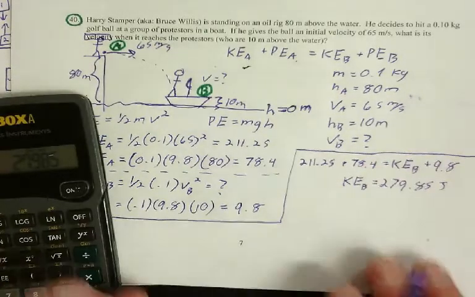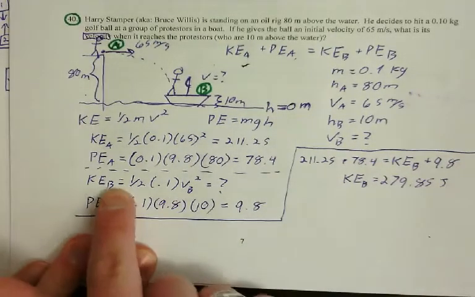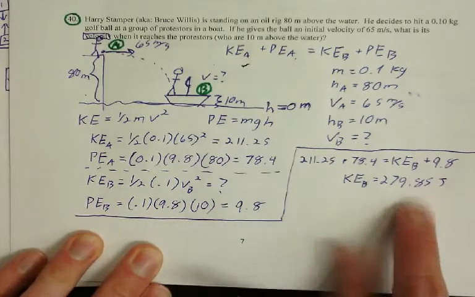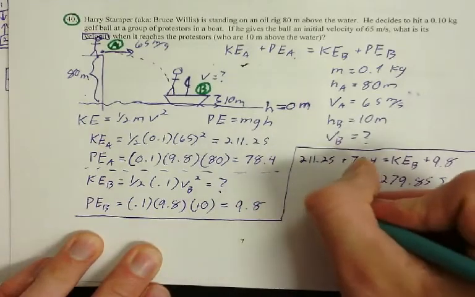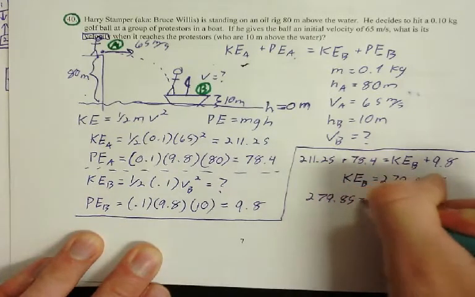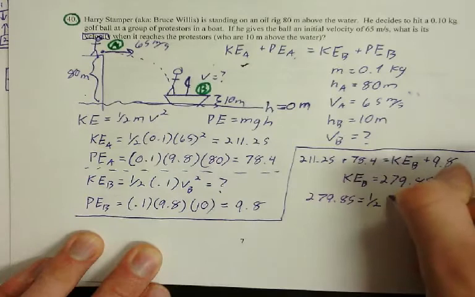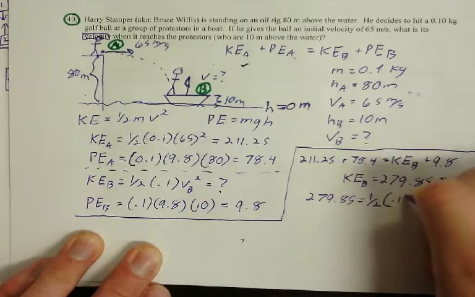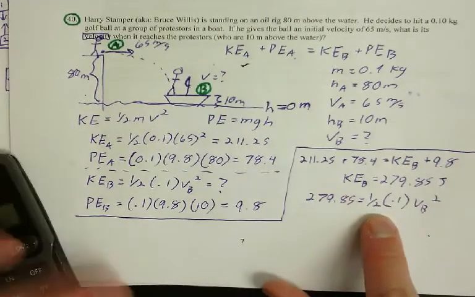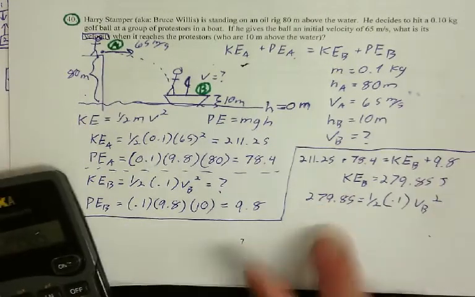So now I need to plug this kinetic number back here where I had it. So KEB is 279.85, equals 1/2 times the mass times velocity at B squared. So divide the 1/2 over, divide the 0.1 over.